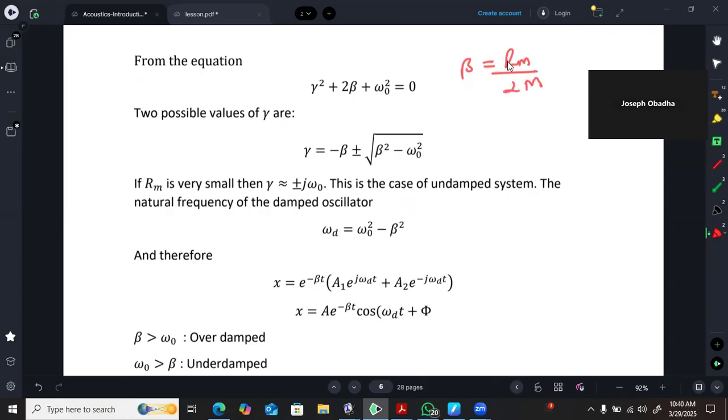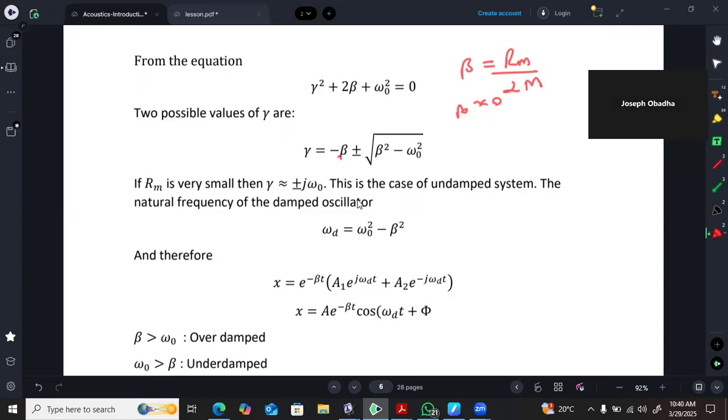So if beta is very small, then the damping factor is almost equal to 0, and this is no damping. If Rm is very small, gamma is supposed to be equal to this. Because beta is almost equal to 0, this is the case of an undamped system. The natural frequency of the damped oscillation is this.